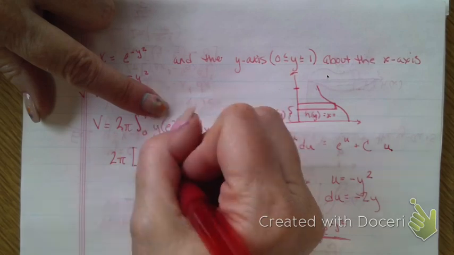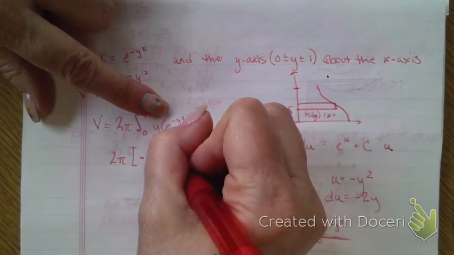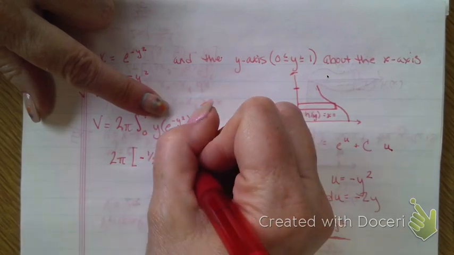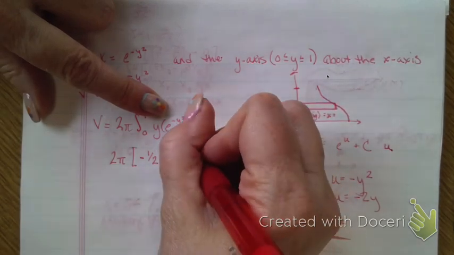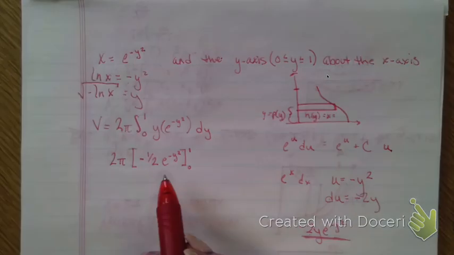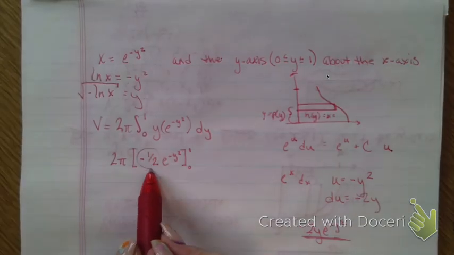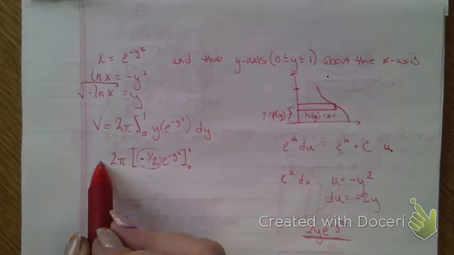And then the integral would be e to the negative y squared from 0 to 1. Well, the negative 1/2 is a constant, correct? Which I can pull out.